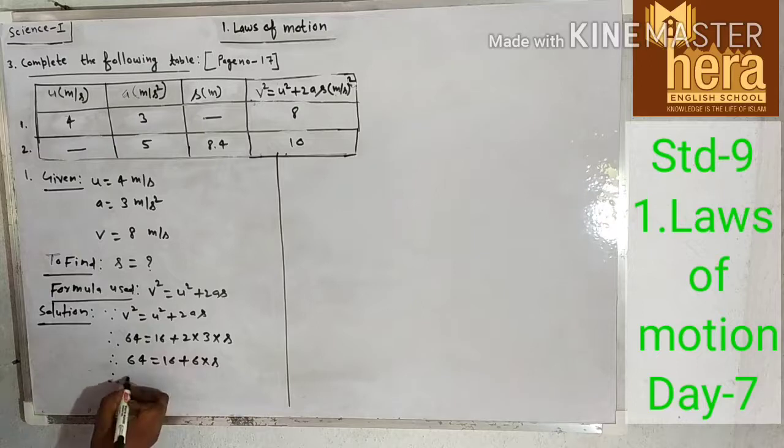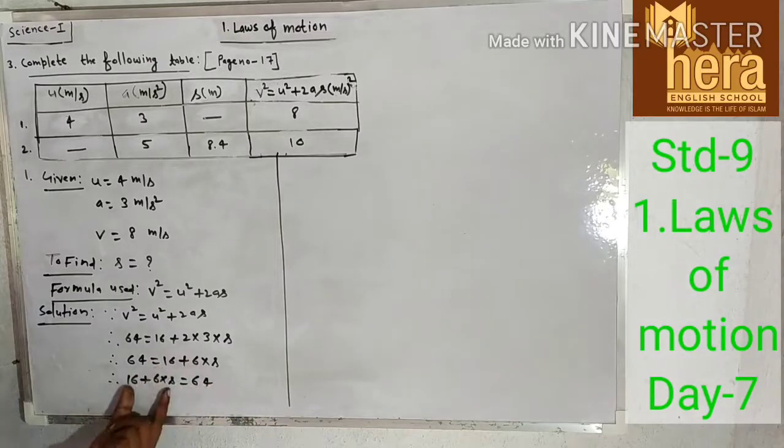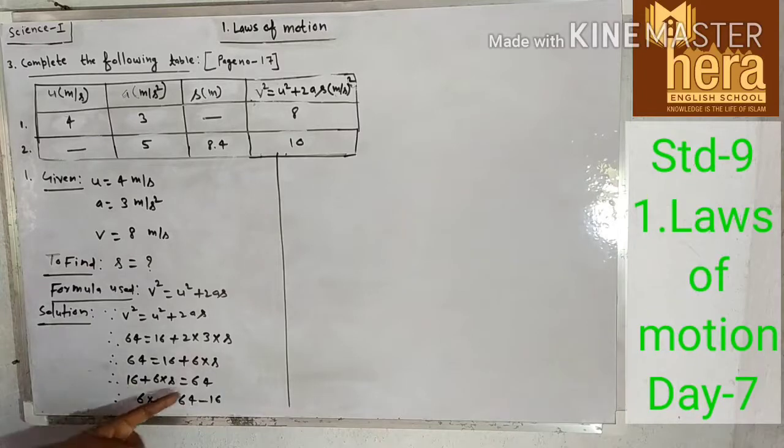Therefore 16 plus 6 into S is equal to 64. Whole thing I have written here and 64 here. Therefore 6 into S is equal to 64 minus 16. 64, here is plus sign, then 64 minus 16.